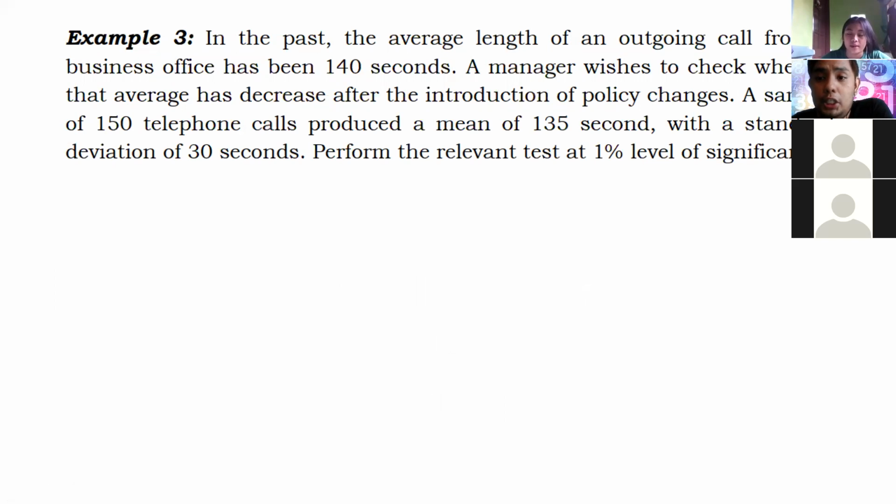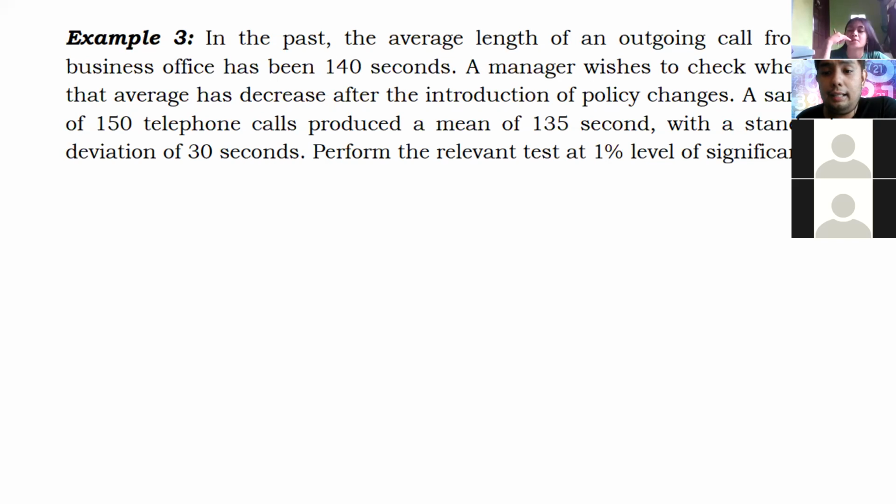A manager wishes to check whether the average has been decreased after the introduction of the policy changes. A sample of 150 telephone calls produced a mean of 135 with a standard deviation of 30 seconds. Perform the relevant tests at 1% level of significance.